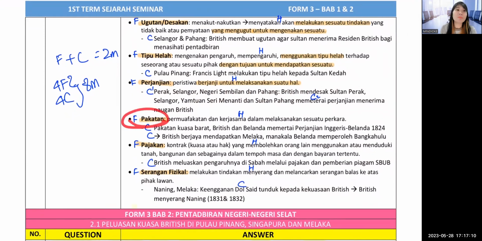Okay, now next. Fakta. Pakatan means what? They work together to achieve something. So kerjasama dalam melaksanakan sesuatu perkara.